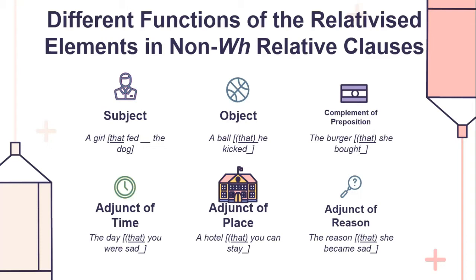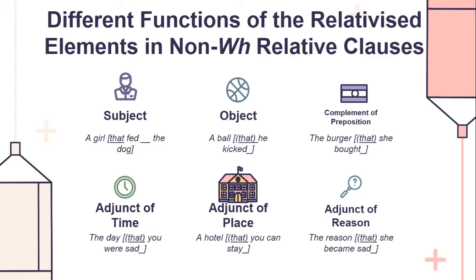And then we can see also in the second example, "a ball that he kicked." If we change it into the normal declarative sentence, it turns into "he kicked the ball." So the blank space here is indicating the position of the head noun.